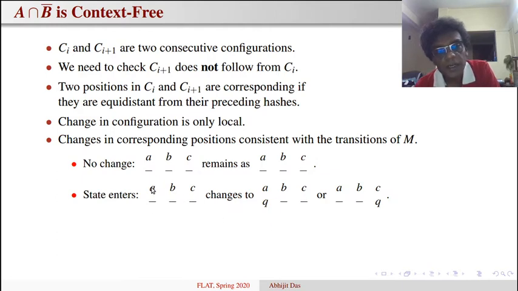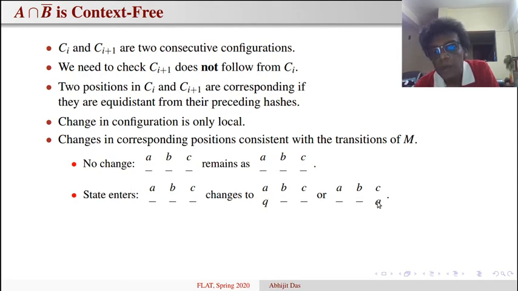Okay, no change is consistent. A state enters. So it's something like A, B, C, minus, minus, minus, and this changes to A, B, C, Q, minus, minus. This implies that something happens here. Okay, just the previous position, and the movement of head is right, so it comes here.